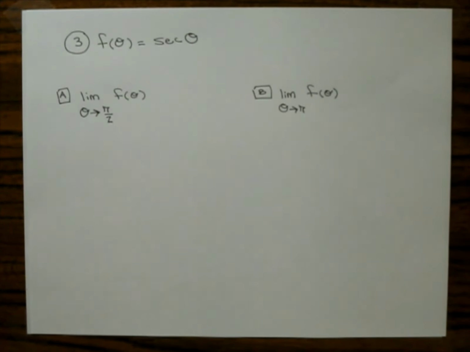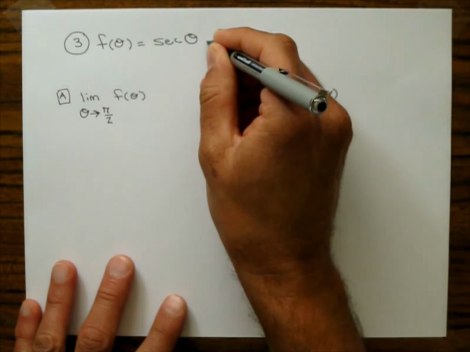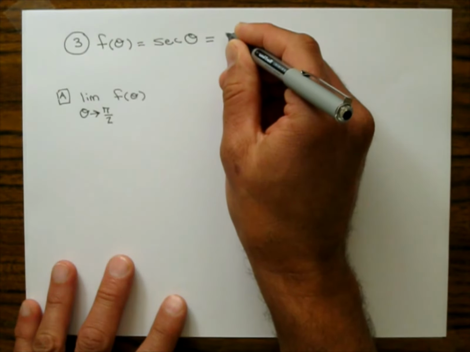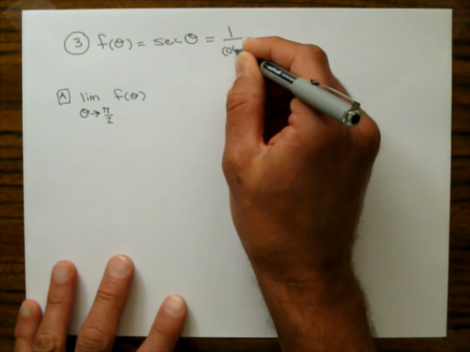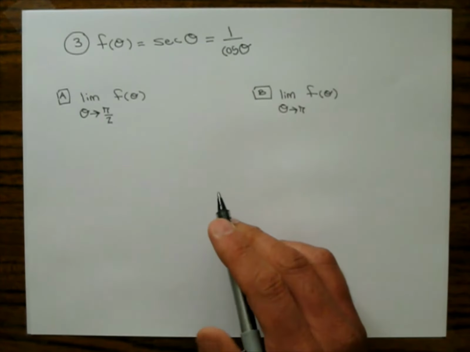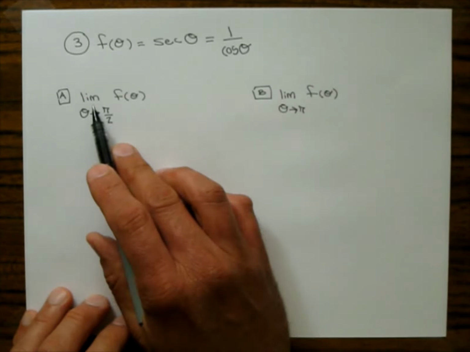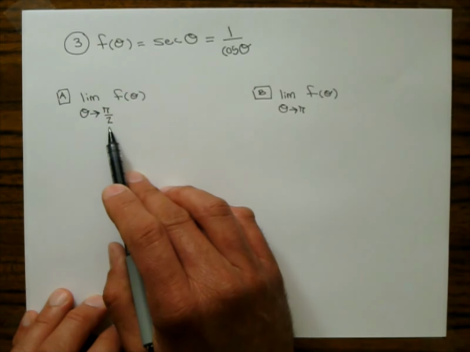Okay, so problem number 3, we have the secant. Really, the secant, there's a lot of ways of thinking of this. This is 1 over cosine, so that's something you should know. And we are considering the limit as theta, so now things are in theta, approaches pi halves.